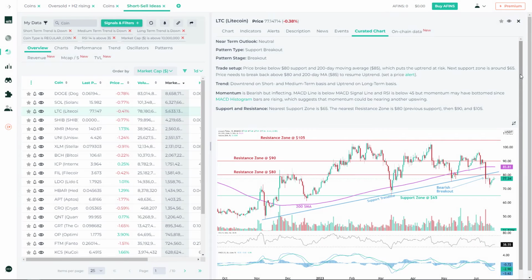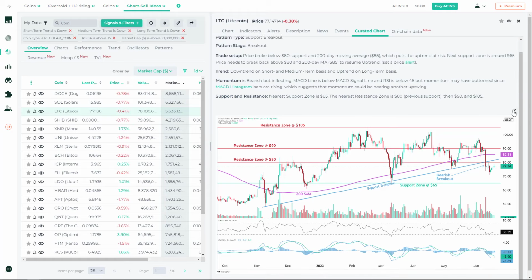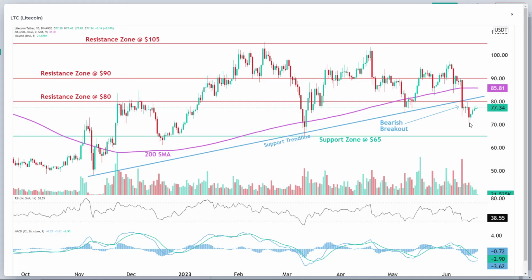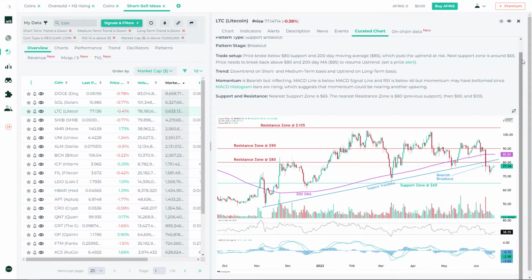So really just a few percentage points or a few dollars away from the resistance area, right? It's had a bounce up, right, from the lows of, call it $70 or so. So it's up about 10%. Now it's up against that resistance area and very likely to get rejected there. So this is a good candidate for short selling, in my opinion.